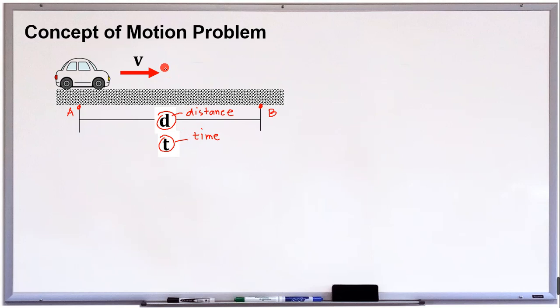The only difference is that speed does not have any direction, whereas velocity has a direction. So velocity is a vector quantity, whereas speed is a scalar quantity. Don't worry, you will learn that when you enroll in your physics subject.